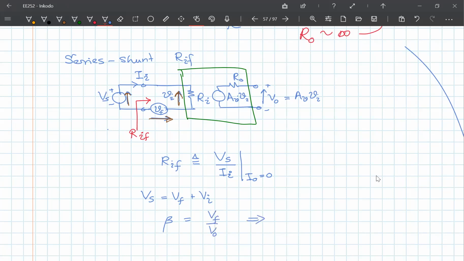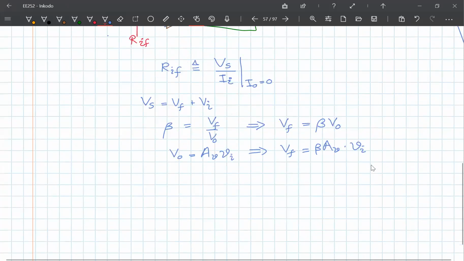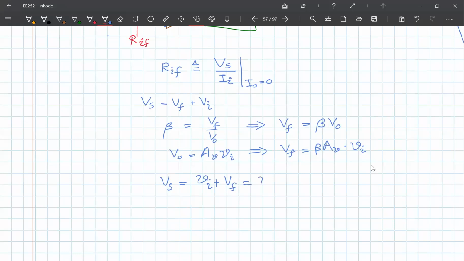So we can write Vf as beta times V out, but V out is equal to Av times Vi. This gives me Vf as beta Av times Vi. Therefore I can write Vs as Vi plus Vf, which is equal to Vi times 1 plus beta Av.